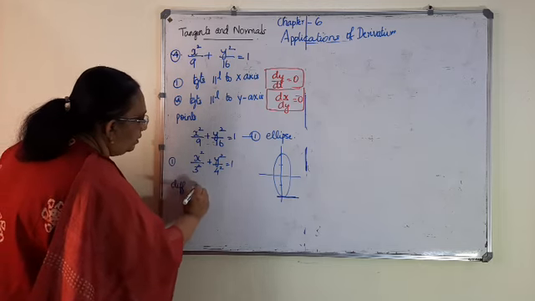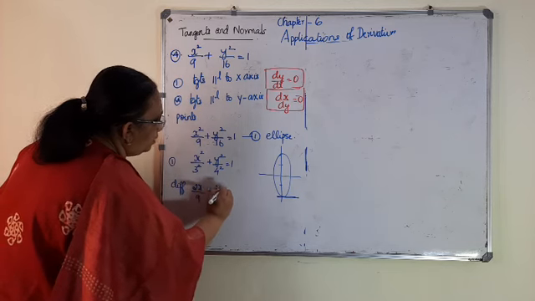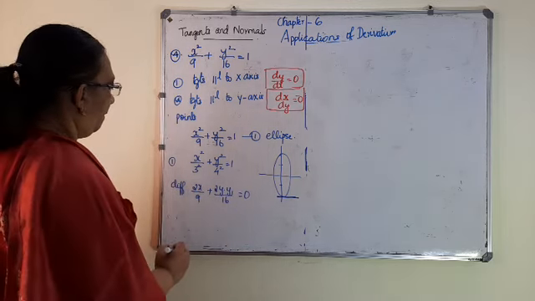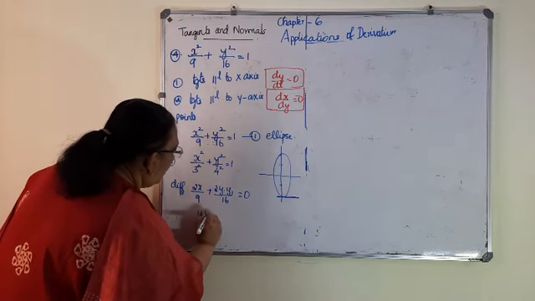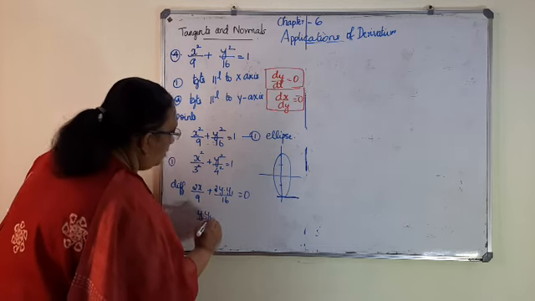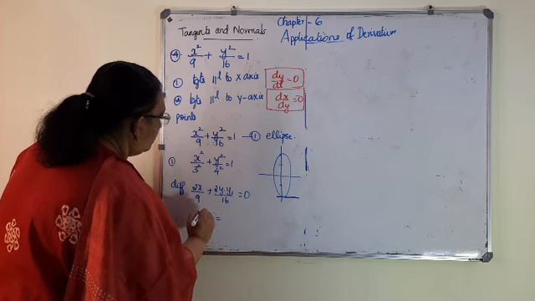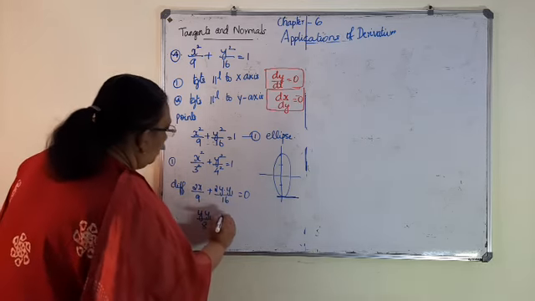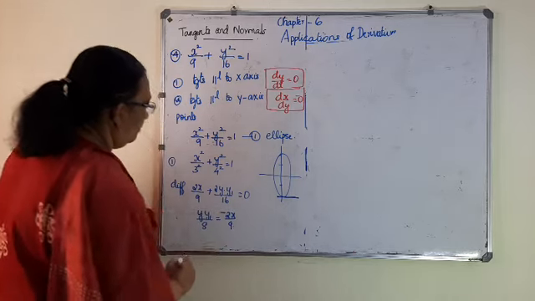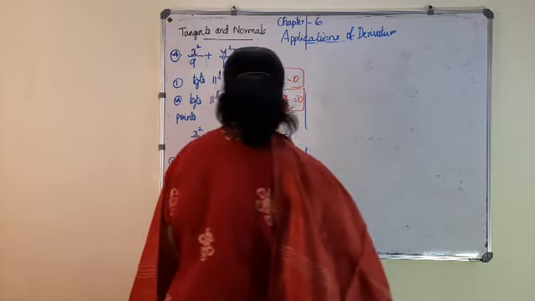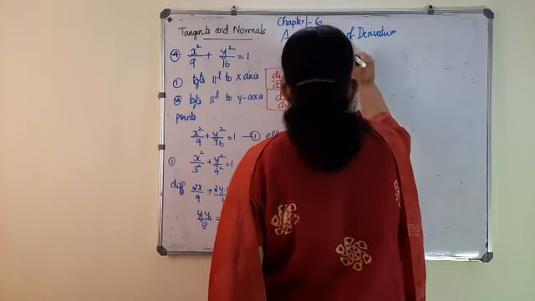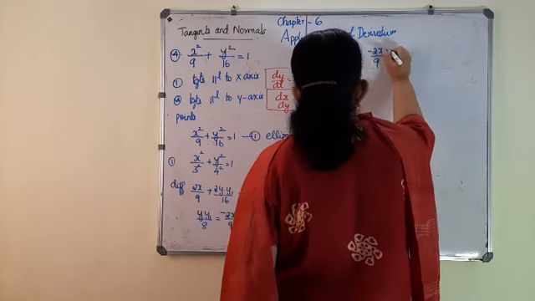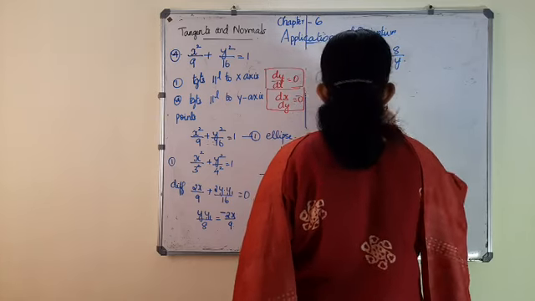Differentiating, 2x by 9 plus 2y y1 by 16 is equal to 0, or y y1 by 8 is equal to minus 2x by 9, or dy by dx is equal to minus 2x by 9 into 8 by y.